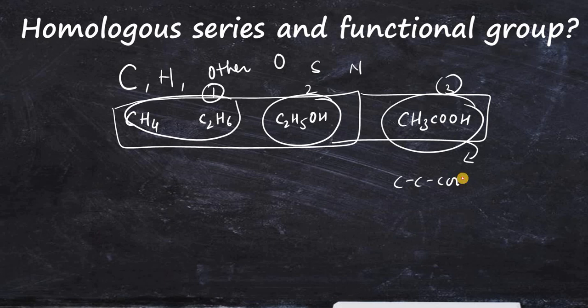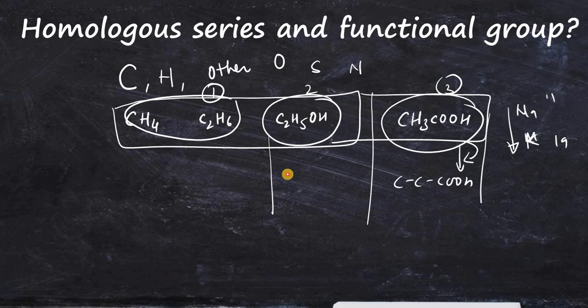This is also possible if you go below, like how we go down groups. There is sodium, then you have potassium, right? 11, then 19, like that as you go down. Similarly, we can make a series of compounds in organic chemistry. For example, if you talk about ethanol, there will be further butanol, just add more carbon.